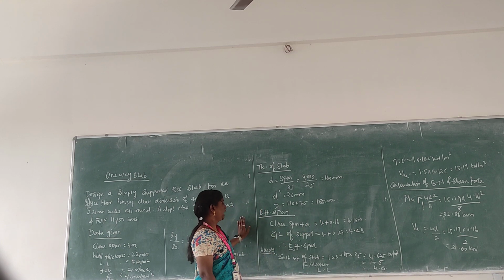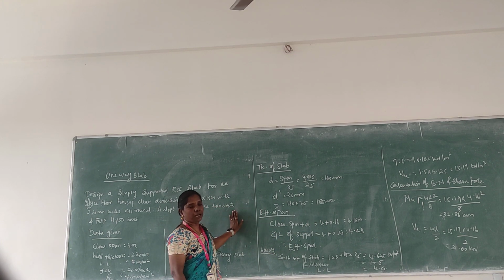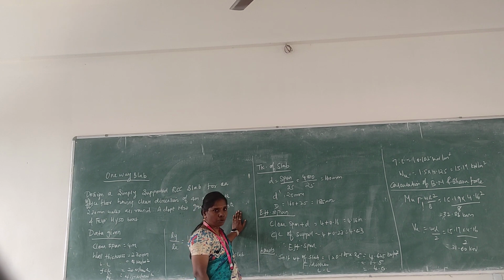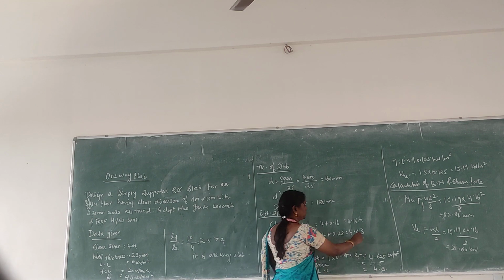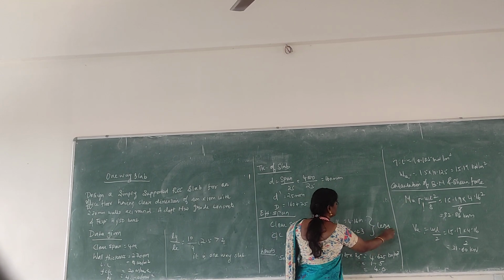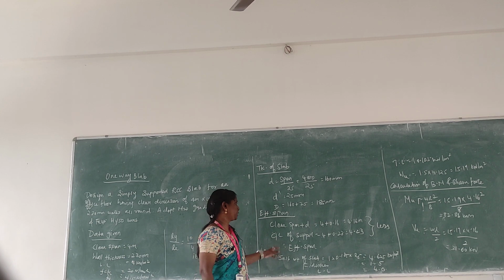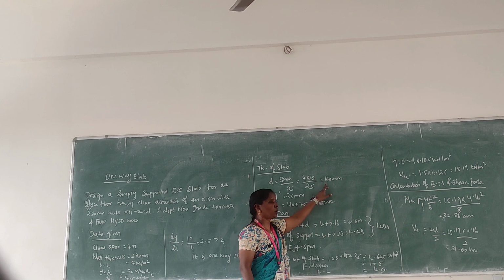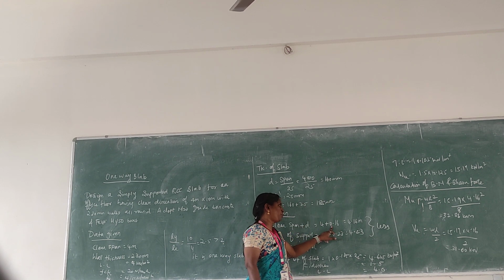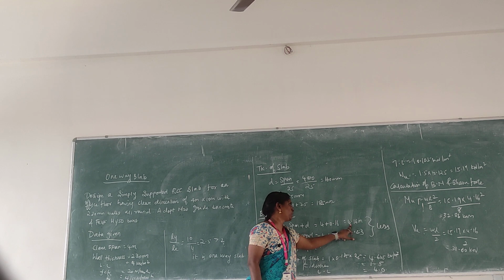Next, we go for the effective span. As per IS 456 code, the clear span plus d, or center to center of support, whichever is less, is nothing but effective span. So, clear span plus d: clear span is 4 meter, effective depth d is 160 mm, that is 0.16, so 4.16 meter.